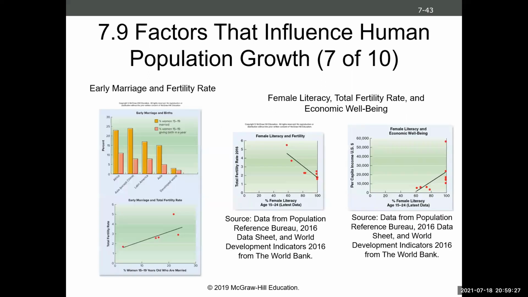resources in those families. And so here are just some figures that are showing those data associations with the percent, say, of early marriage and birth, percent of women 15 to 19, say in Africa, Asia, or developed worlds, and total fertility rate.